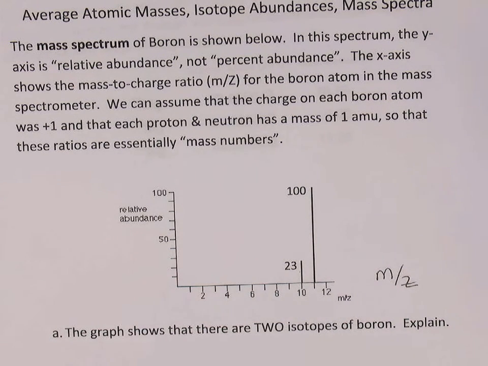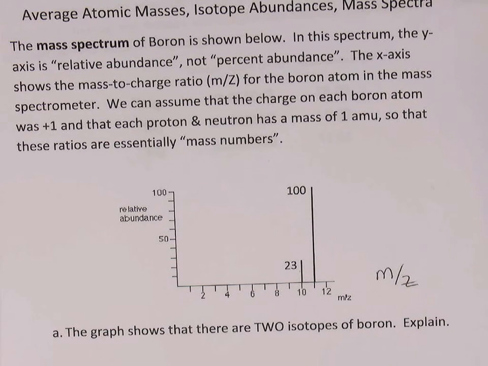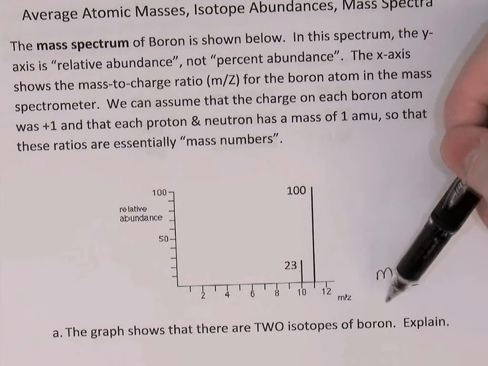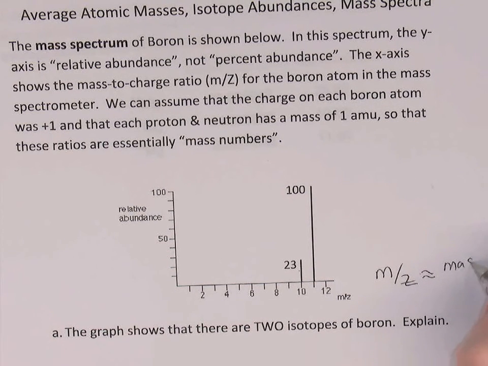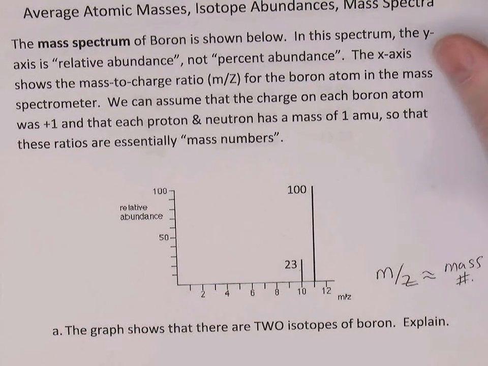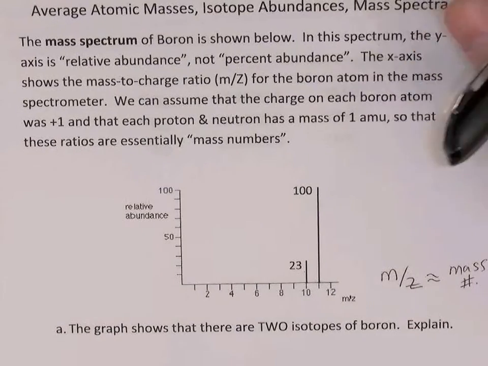Further, since every proton and neutron has a mass of about 1 AMU, this mass to charge ratio can be thought of as approximately the same thing as a mass number. They're not exactly the same idea, but with those assumptions, we can make that approximation.